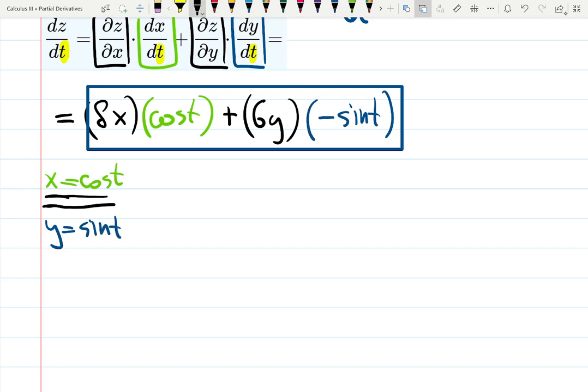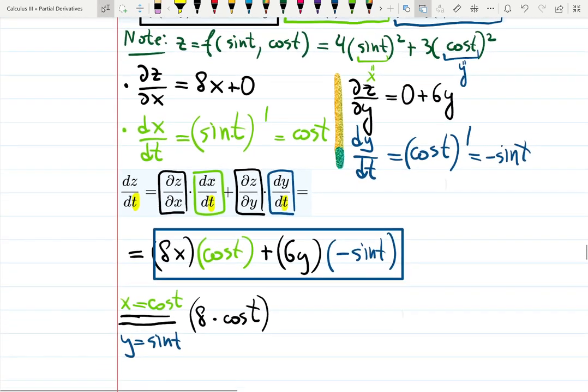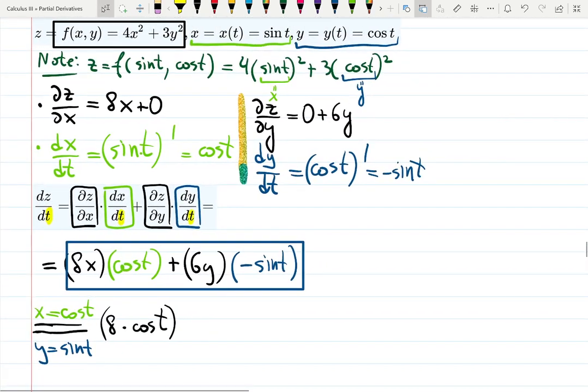So I just go back and 8 times cosine t, checking, everything is fine? Yes. Wasn't x different? Yeah, that's what I was trying to check. It is different. So sad. Switch. Sine t. So it's going to be sine t plugged in.